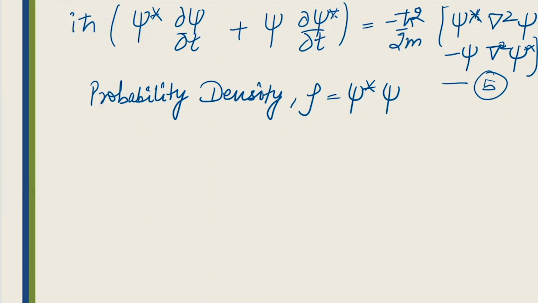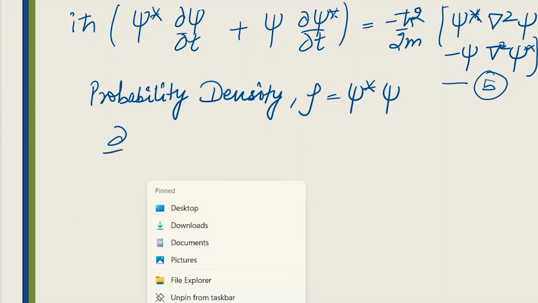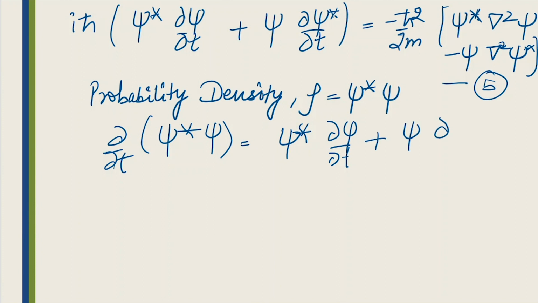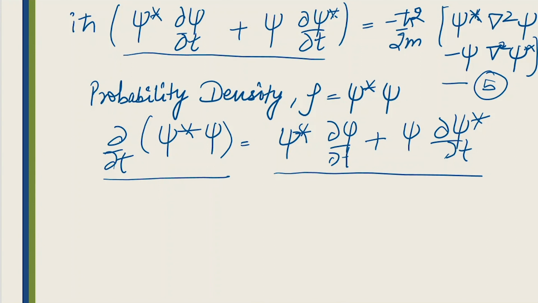If we find the time derivative of psi star psi, it comes out to be psi star del psi by del t plus psi del psi star by del t. We can write this in place of this in equation number 5, replacing this whole with this.